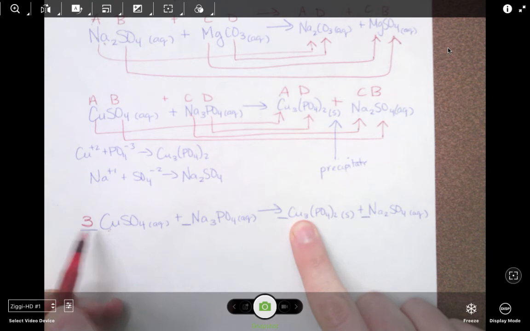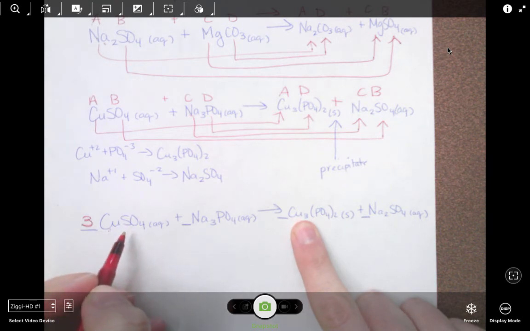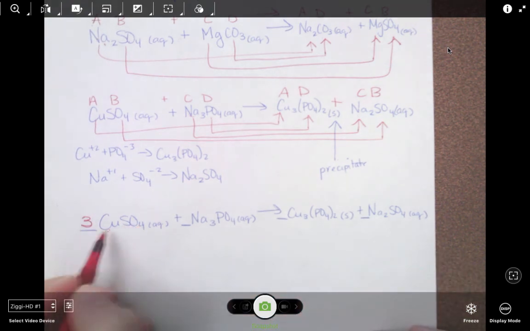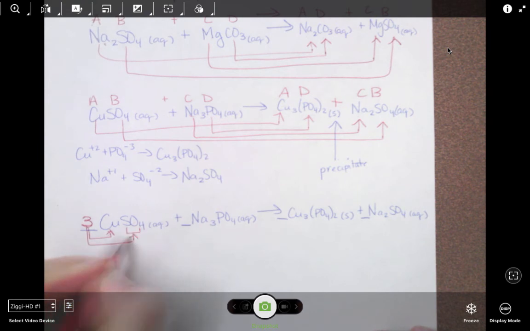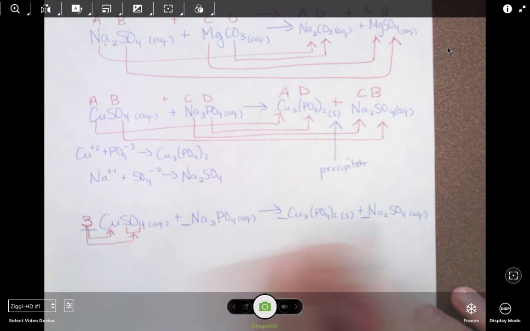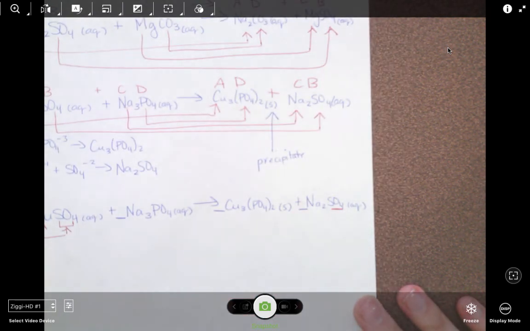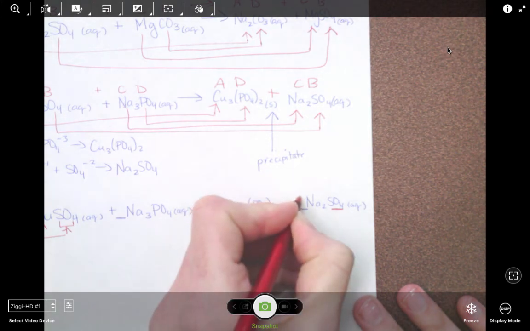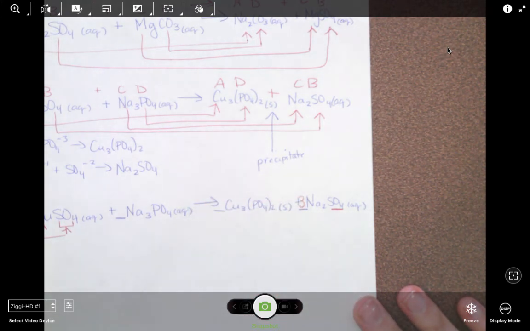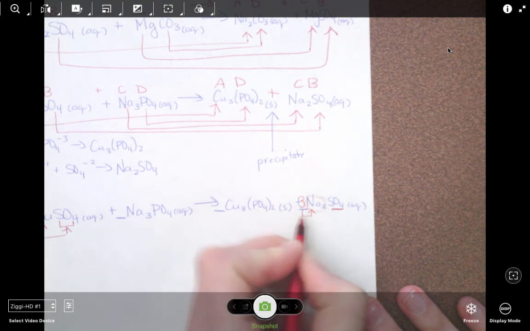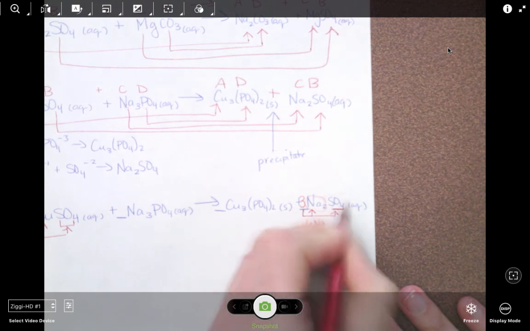The next thing I need to do is to look at the sulfate. Whenever you have a polyatomic ion, it's best to look at it as a whole versus individual elements. So to me, this says that I have 3 coppers and I also have 3 sulfates. Over here, I have 1 sulfate. So I'm going to put the number 3 in front of this compound. I already had 2 sodiums, and now I have 6 sodiums, and I also have 3 sulfates.